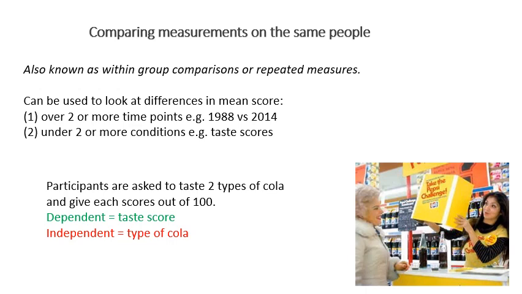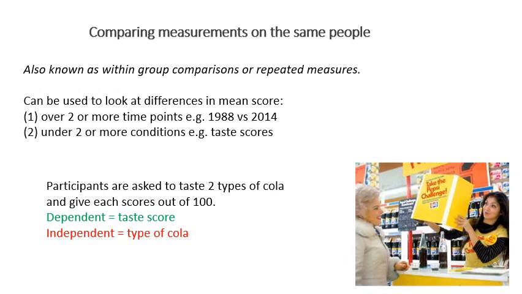And under 2 or more conditions, that is on the taste score. So participants are asked to taste 2 types of cola and give each scores of 100. So here, the dependent is the taste score based on the hedonic scale, and the independent, which is the type of cola.